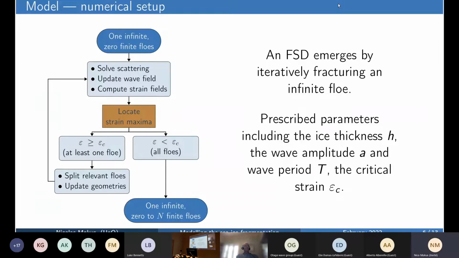At each iteration, the wave field is computed for the current geometry and the prescribed forcing, and the strain along all the floes is computed. It is then compared to the critical strain, and all the floes that should break are identified and split into 2 parts. The resulting array of floes is composed of newly broken floes and floes that did not break.